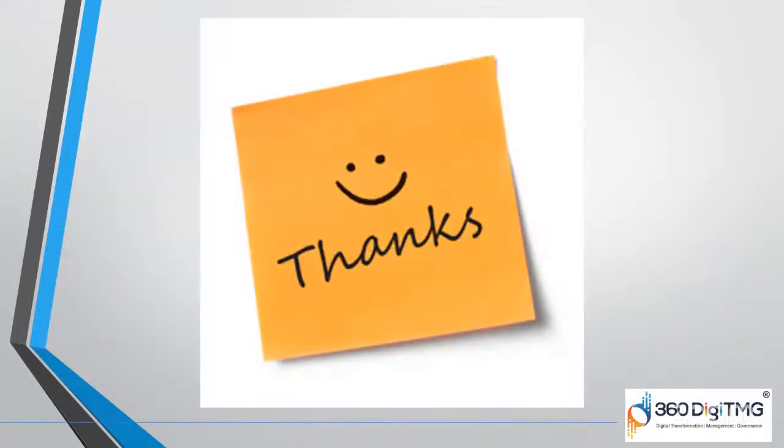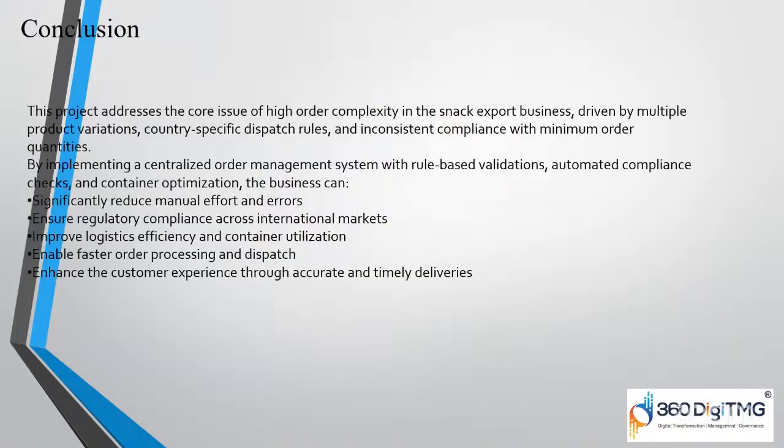To conclude, this project addresses the core challenges of snack export order management by combining data analysis, automation, and visualization. We ensure high efficiency, regulatory compliance, and improved customer experience.